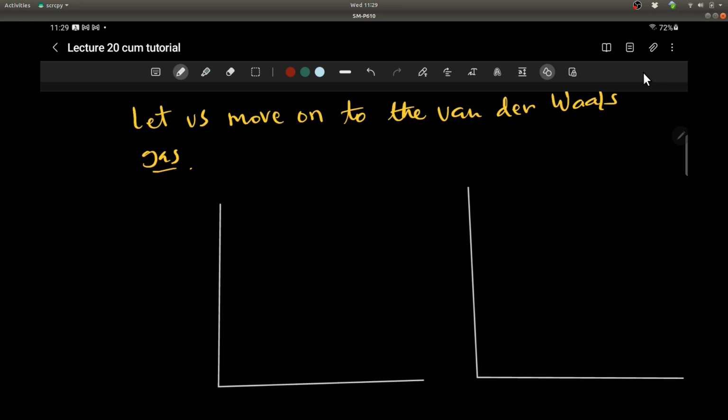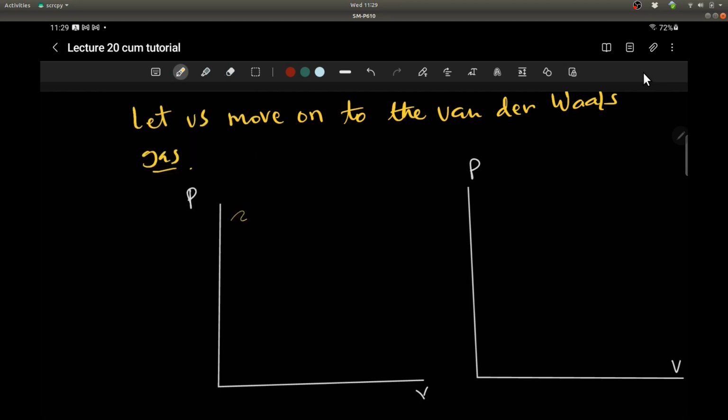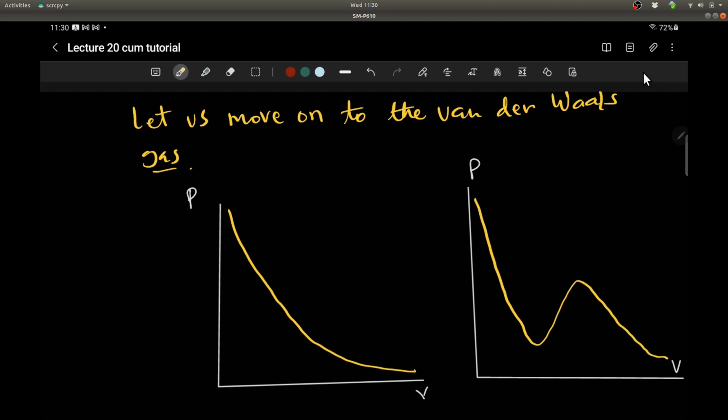Okay, we'll accept whatever comes. So I want to draw the PV diagram for two cases, and let's make a different color. It's just the Van der Waals equation.